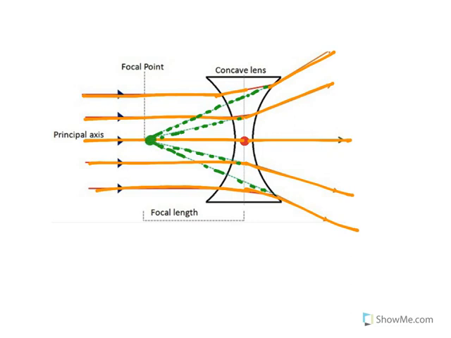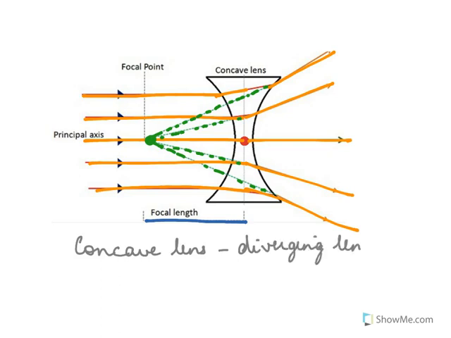Here is the focus, and the focal length is the distance between the focus and the optical center. And if you notice, this is a concave lens because the surfaces are concave, and a concave lens is a diverging lens. It diverges the rays, it spreads out the rays, unlike the convex which converges the rays.